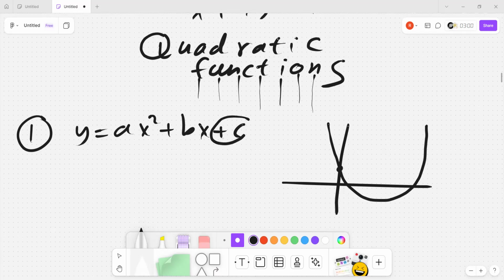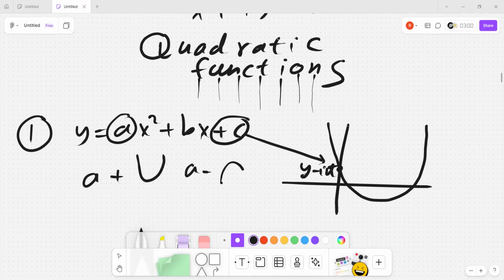C represents the y-intercept in this equation. If a is positive, our parabola will be looking upwards. If a is negative, our parabola will be looking downwards.